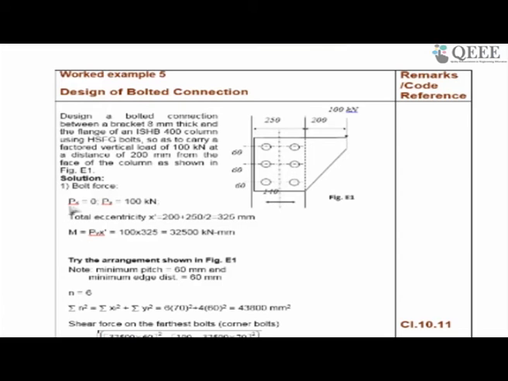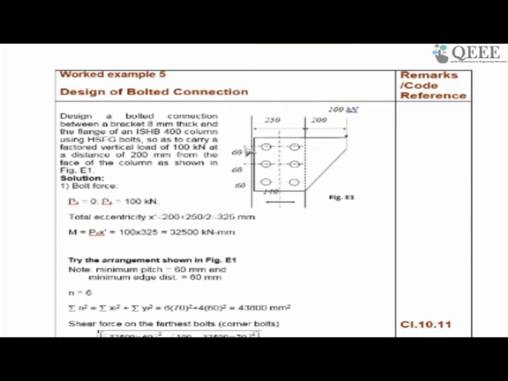So bolt force Px is 0, Py is 100, total eccentricity is 325, 200 plus 125, sorry, this was 250. The gauge distance has been taken as 140, and M is obviously the in-plane moment that is coming.